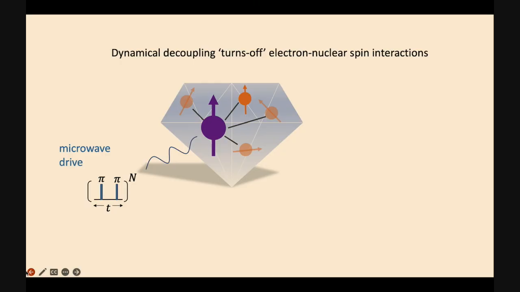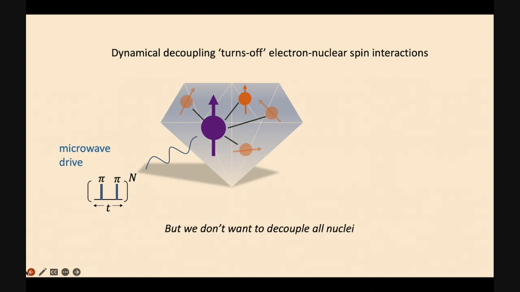The idea is that you are driving your central spin, your NV, with pi pulses that have some spacing between them. In this case, I guess the spacing is t/2. And you repeat the sequence multiple times. The things you have to play with here are the separation between your pulses, and how many times you apply the sequence.